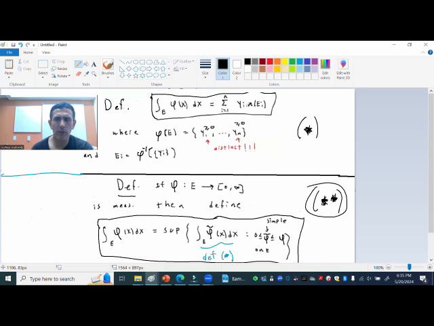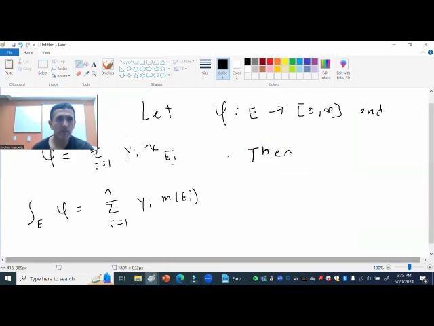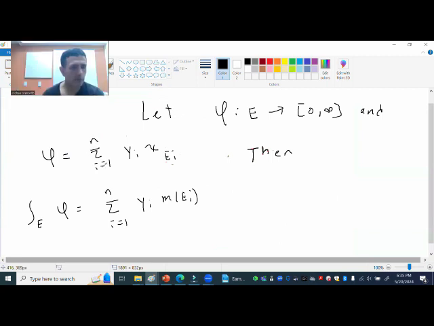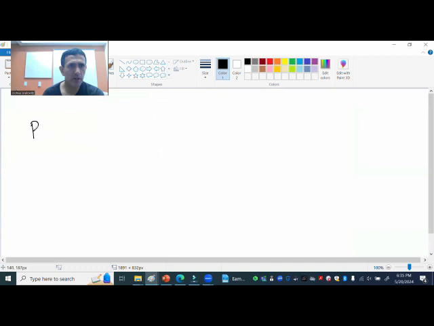I'll call this definition star and this definition star star. And this is not going to be hard. It's a little annoying, but yeah, we have a proposition for a simple function.